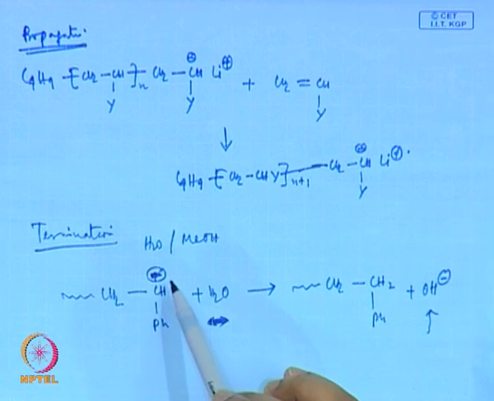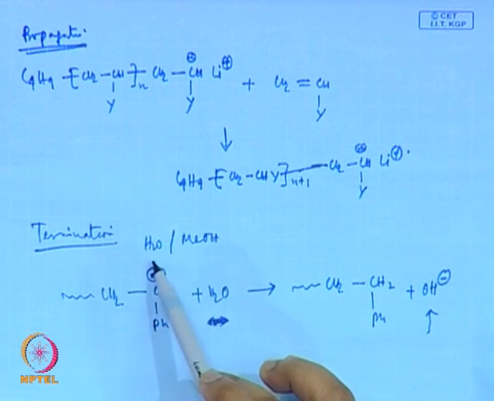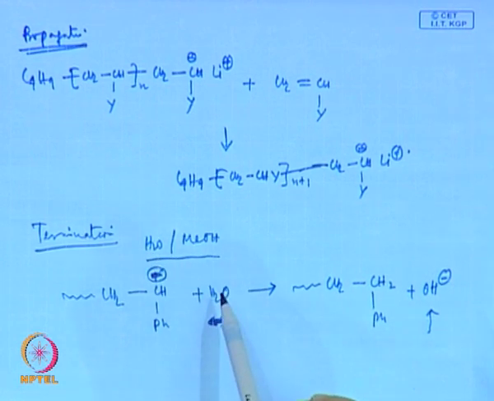So, if one is required to terminate the chain, you can add H2O or alcohol externally. But there are some polar monomers like methyl methacrylate or methyl vinyl ketone, which can undergo side reactions that restrict the molecular weight build up.